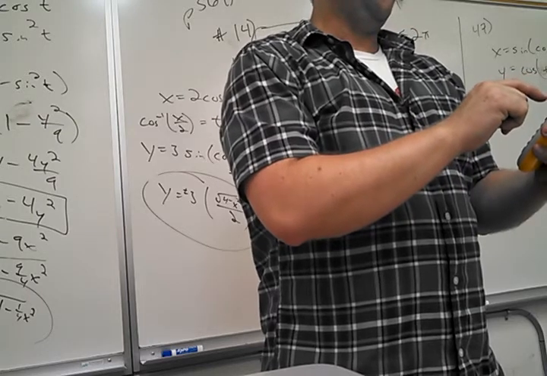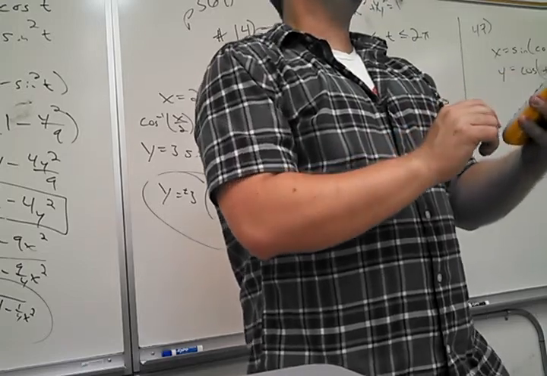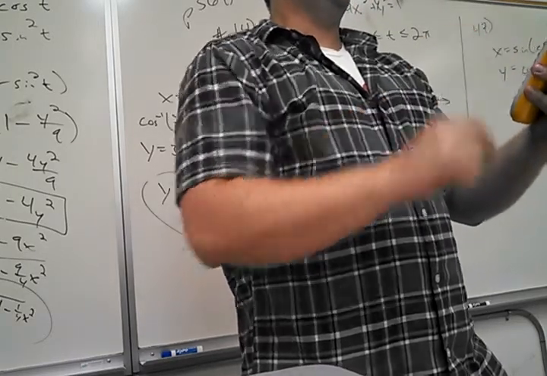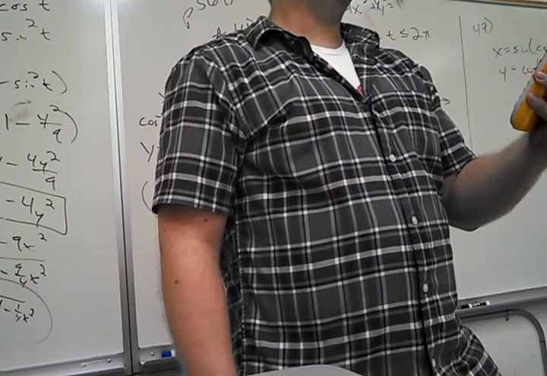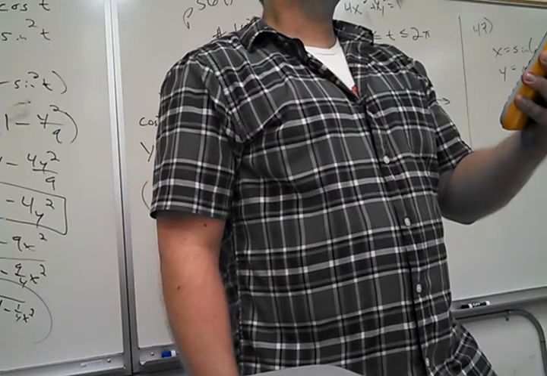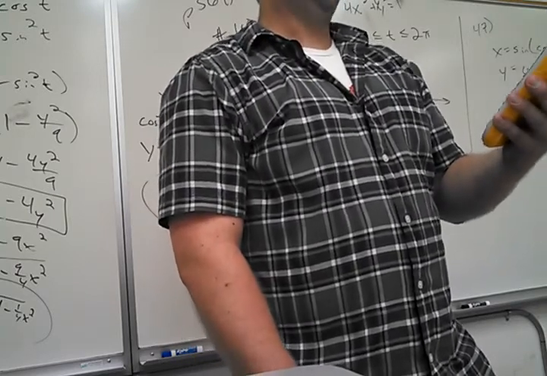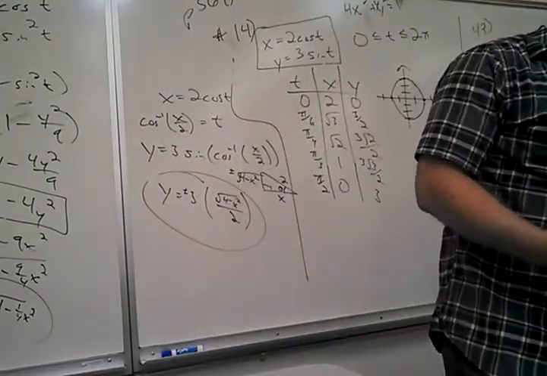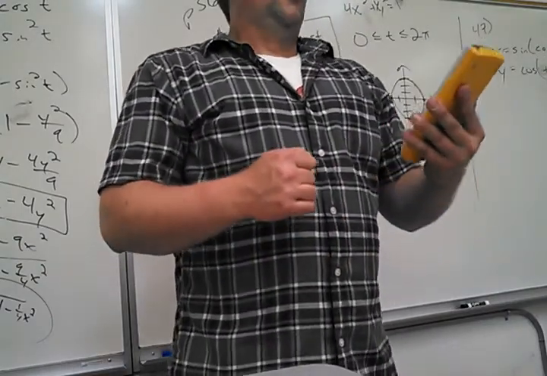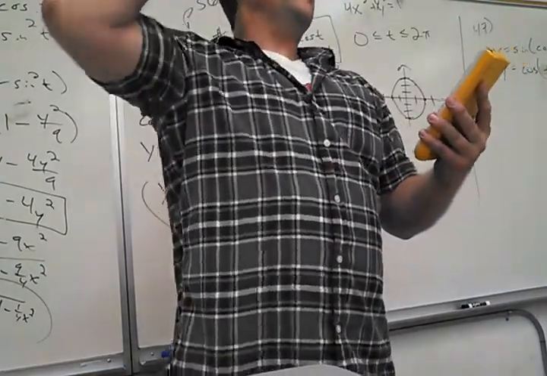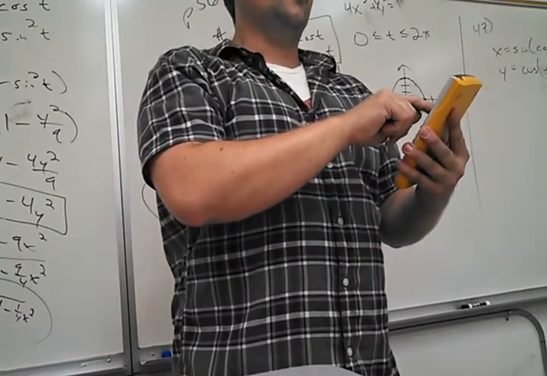Let's go back and make your t-step 0.05. Let's see if we can make this a little bit nicer. Now that's interesting. Now it kind of goes back and it's picking up a lot of what we missed by having too large of a step.